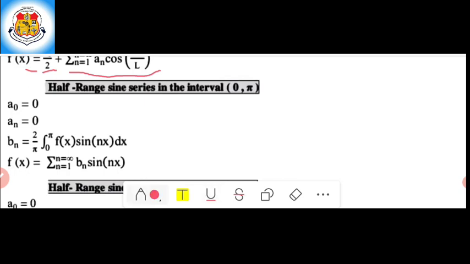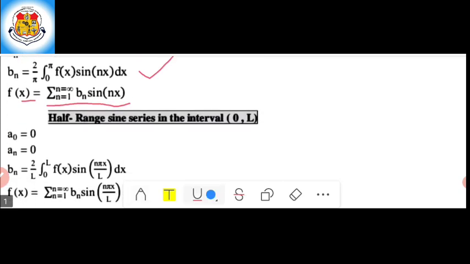The half-range sine series for the function f of x is represented by f of x is equal to summation n runs from 1 to infinity bn into sin nx, in which the Fourier coefficient bn can be determined by using the formula bn is equal to 2 upon pi integral 0 to pi f of x sin nx dx. The values of a0 and an are always 0 in the half-range sine series.